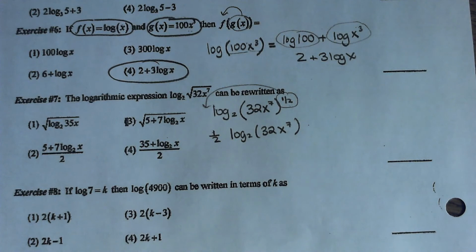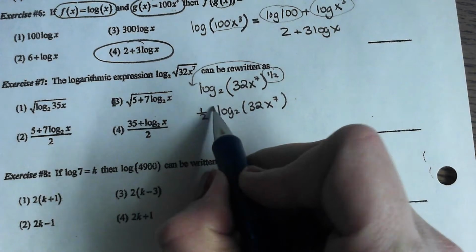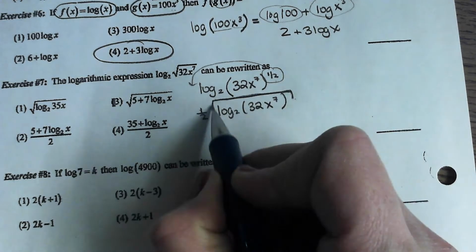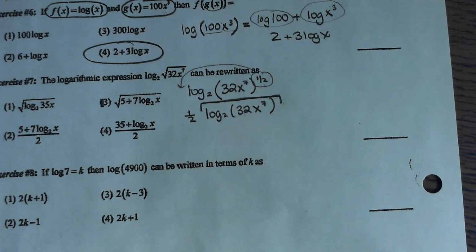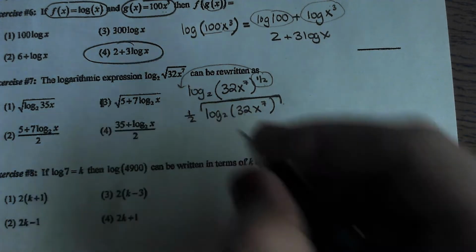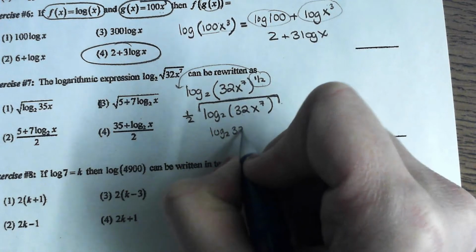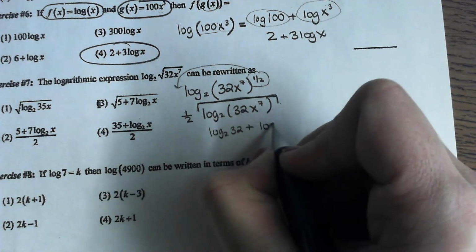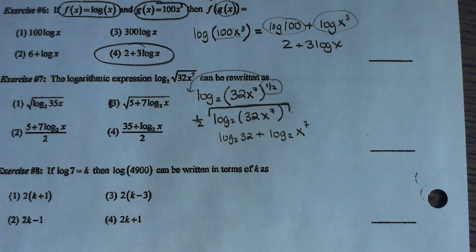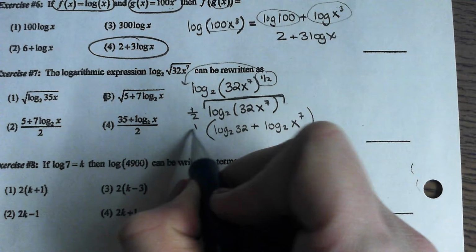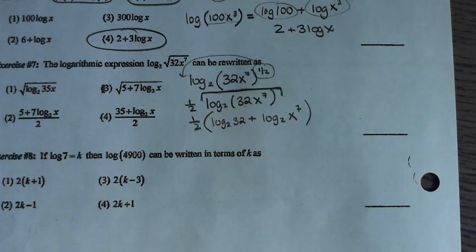And once we break into that radical by doing that, now we can focus on the multiplication. The 32 times the x to the 7th splitting into addition. So that is log base 2 of 32 plus log base 2 of x to the 7th. Now, all of that had the 1/2 out in front. So because we created a binomial when we split that, we have to keep that binomial in parentheses because there was that 1/2 out in front.